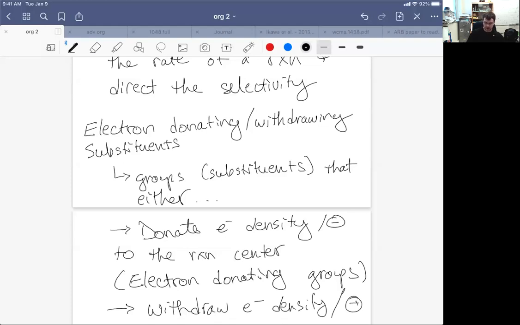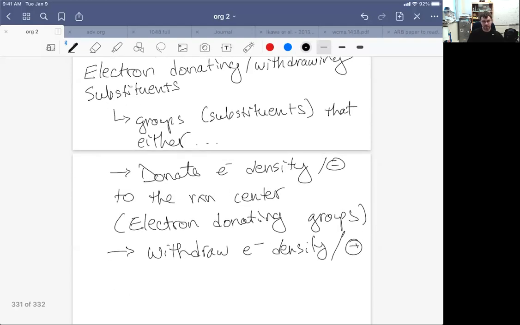So you can donate electron density or have a negative charge, or withdraw electron density, which would be like if it was a positive charge, it's going to start to suck electrons towards it, from the reaction center. And these are our electron withdrawing effects.